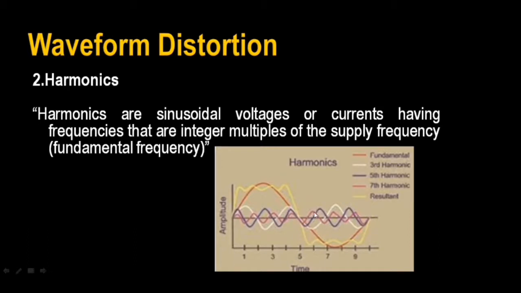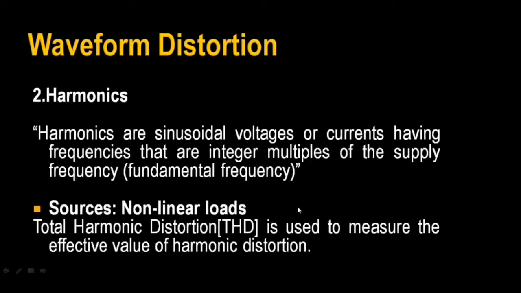The colors represent the waveforms: this one is the fundamental waveform, this one is the third harmonic, and then the fifth harmonic and the seventh harmonic, and this one is the resultant of composing all these parameters in your system. The sources are nonlinear loads, and the total harmonic distortion is used to measure the effective value of harmonic distortion.